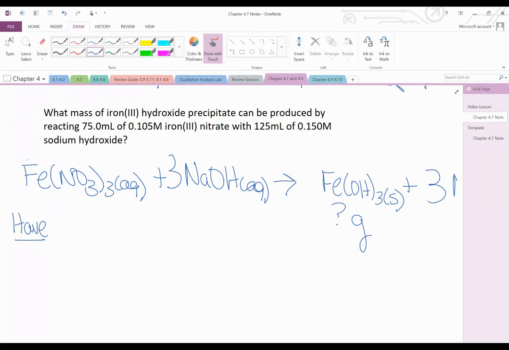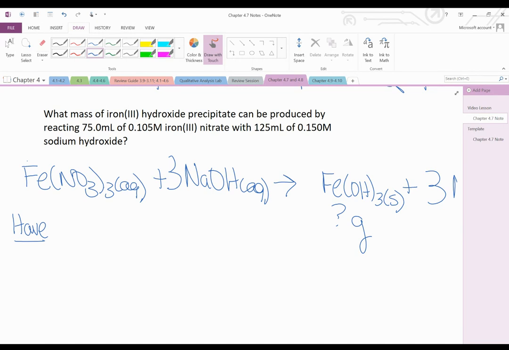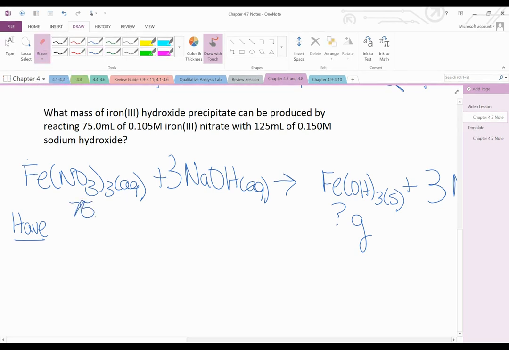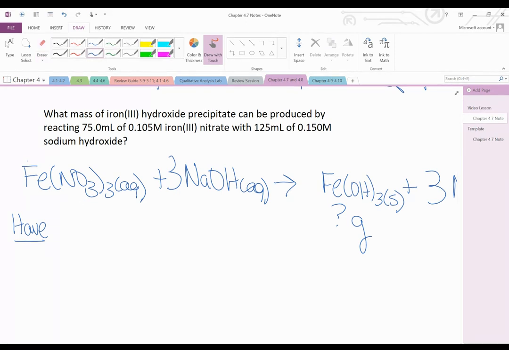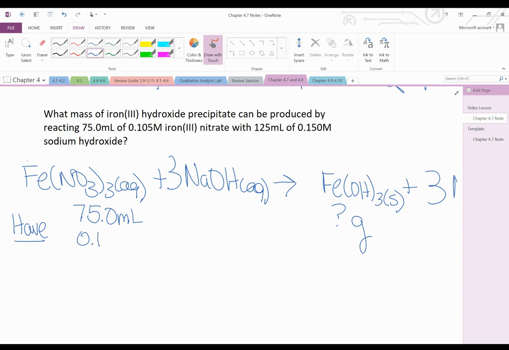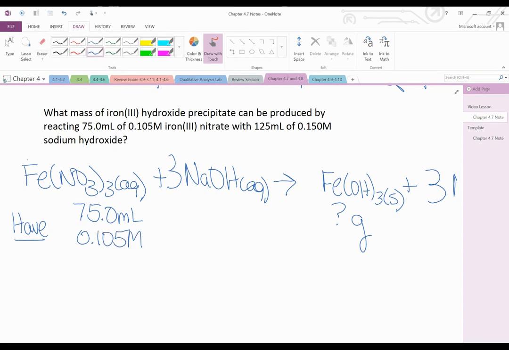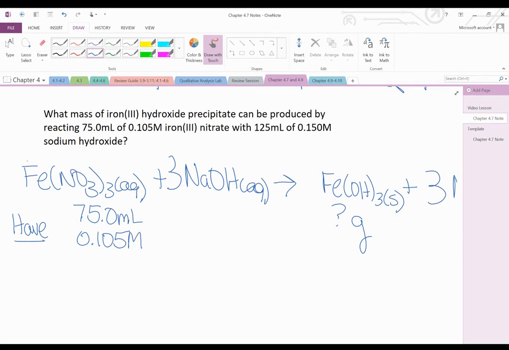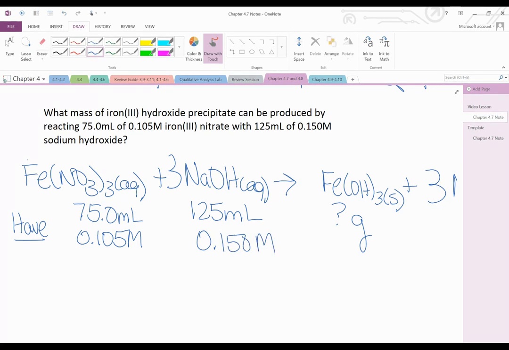If I have 75 milliliters of a 0.105 molar solution of iron 3 nitrate and 125 milliliters of a 0.150 molar sodium hydroxide solution.